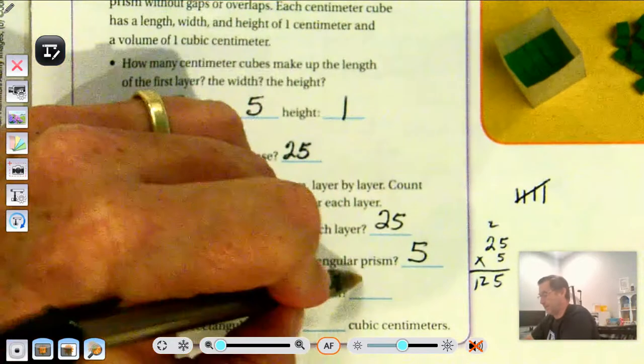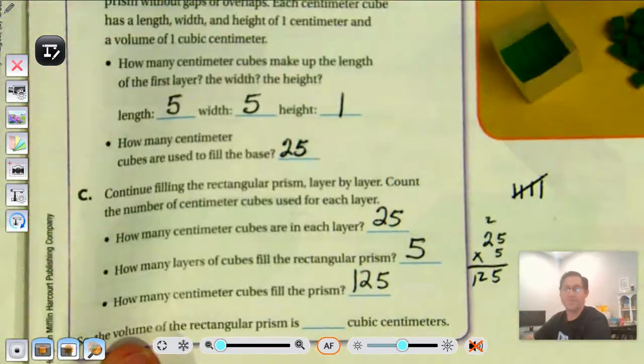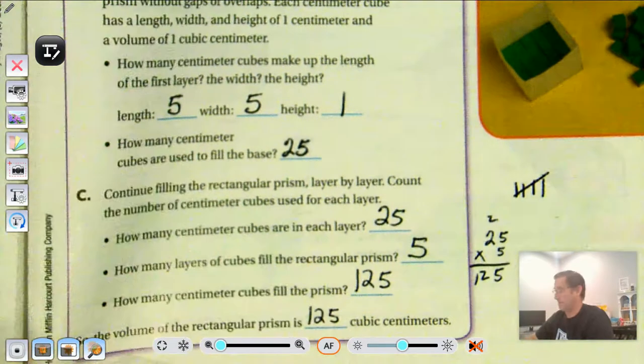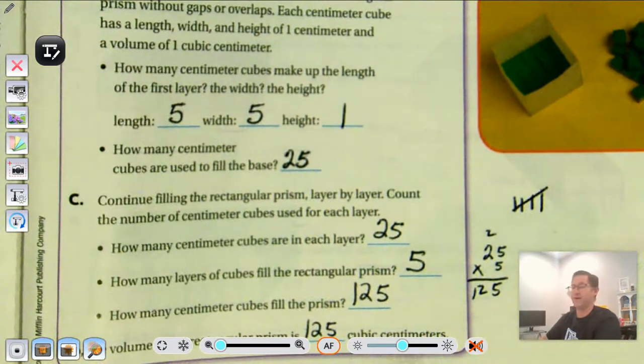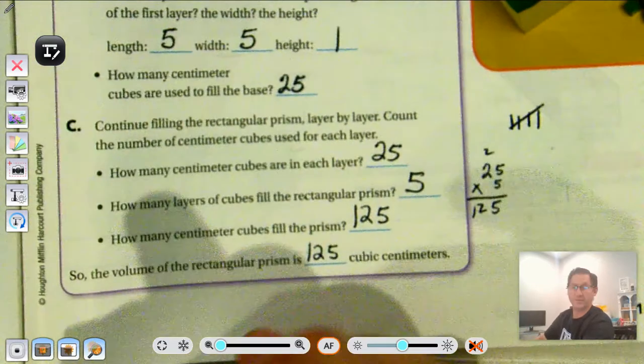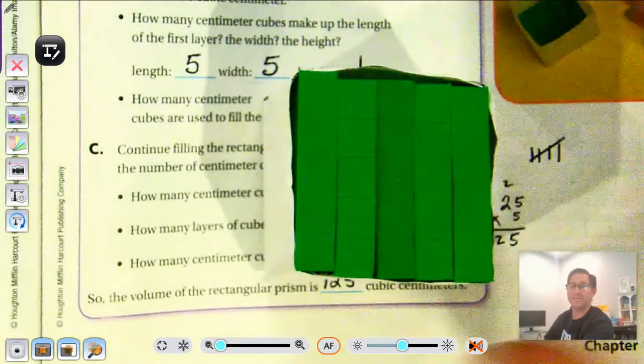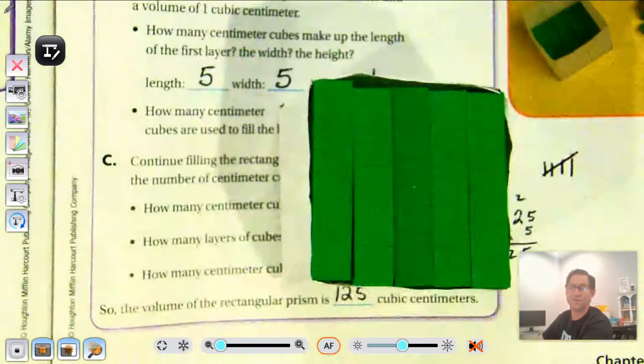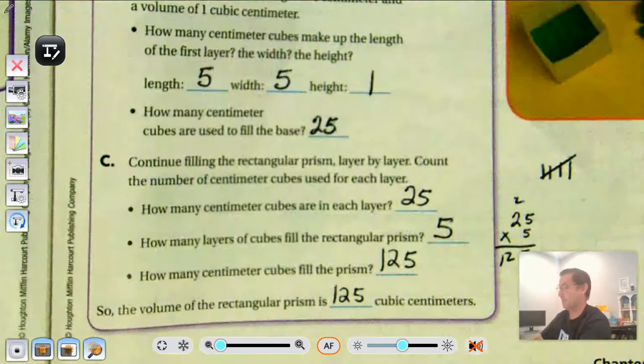So it takes 125 cubic units to fill that cube. So that means it has a volume of 125 cubic centimeters. So this cube here has a capacity or a volume of 125 cubic units or cubic centimeters.